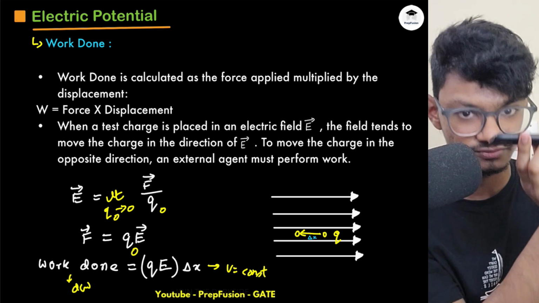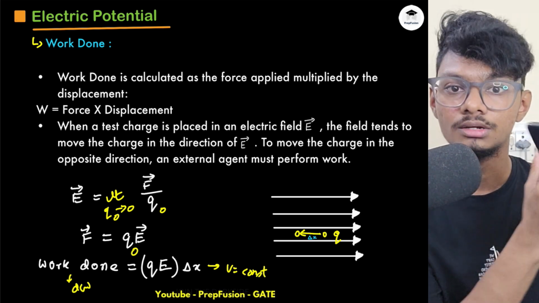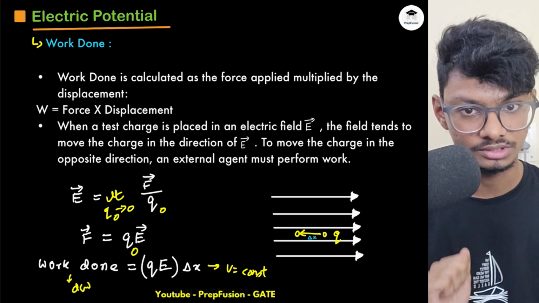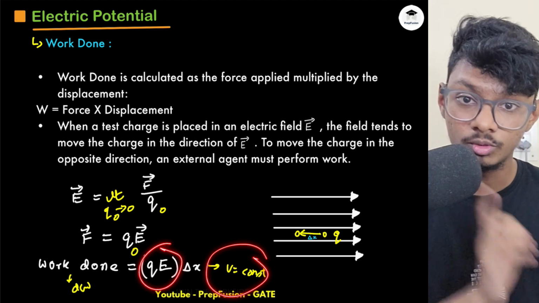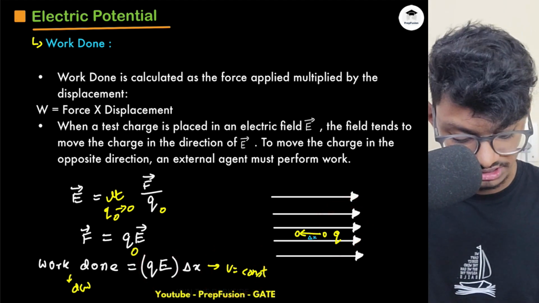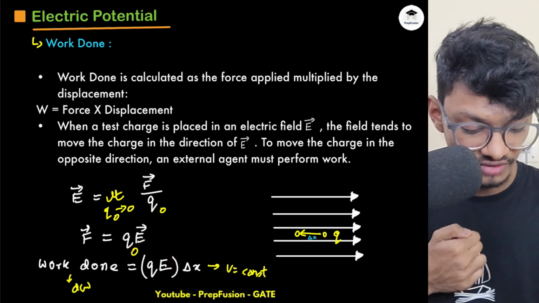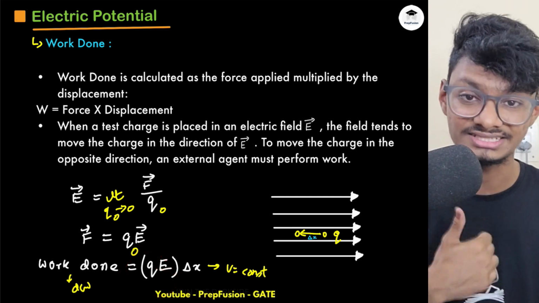Just assume that this is moving up with constant velocity. So if force is constant, equal to mg, then only the velocity will be constant. That's why the assumption is velocity is constant. That's why the force will be equal to Q times E, developed by the external electric field. So this force I am giving, but the magnitude of the force is defined by the external electric field. This much amount of force I need to give by the external agent.